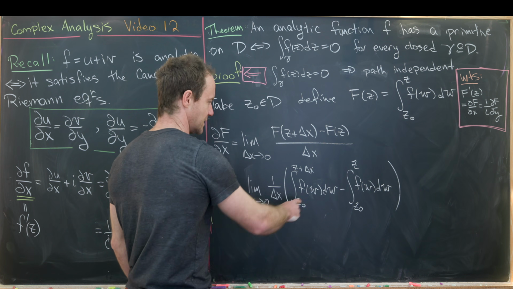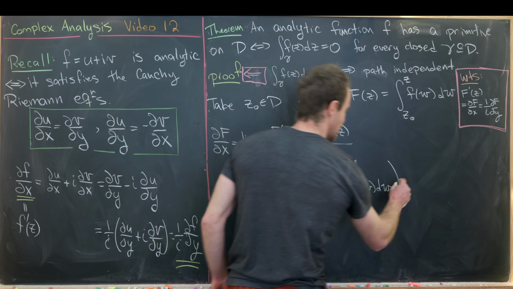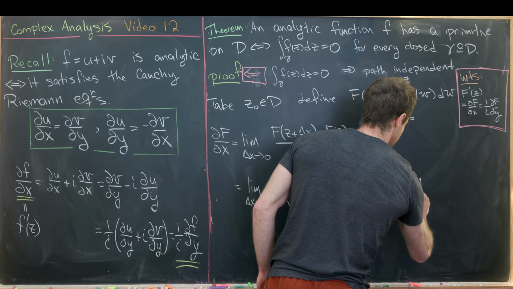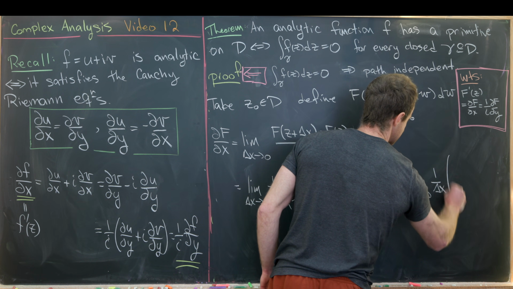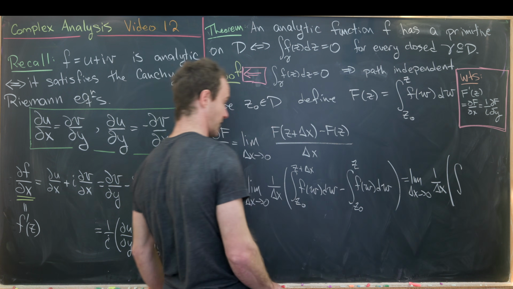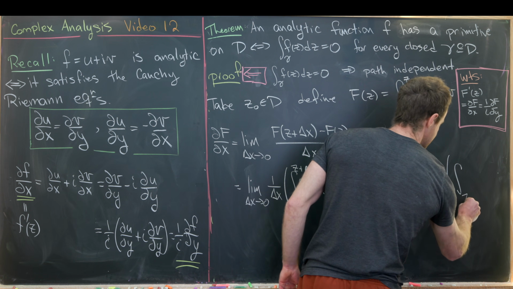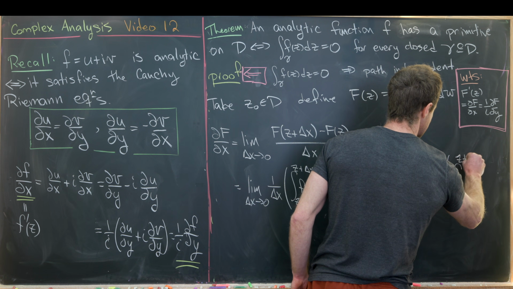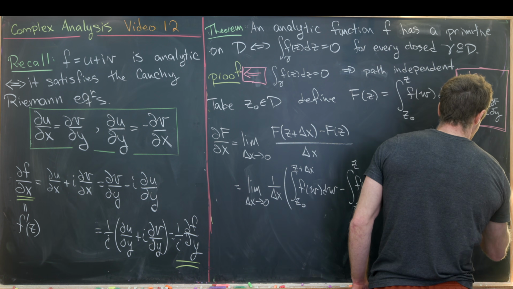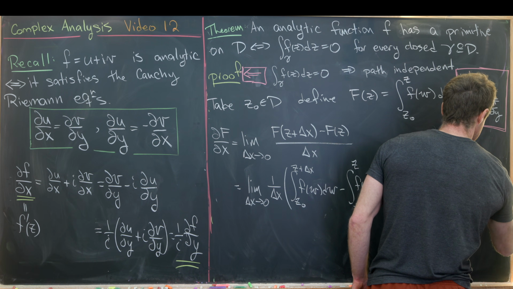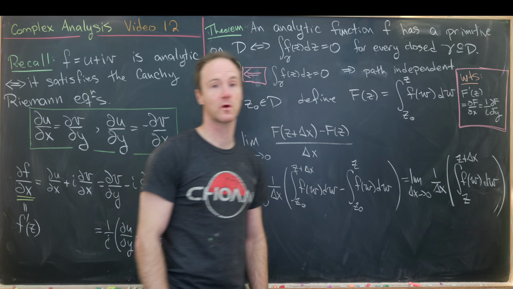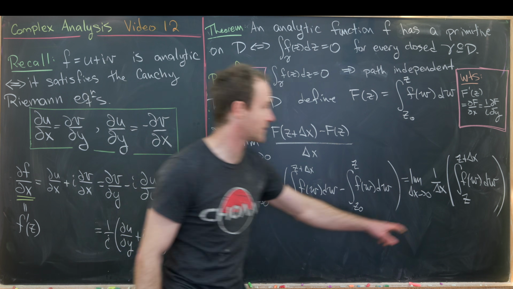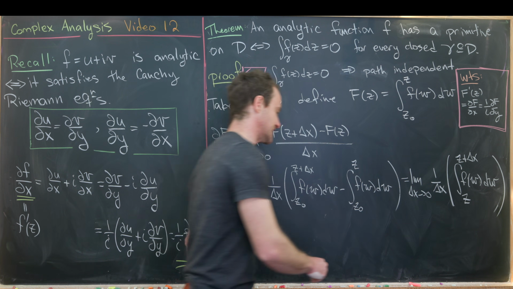But now let's notice that we can smash these together, and that leaves us with the limit as delta x goes to 0 of 1 over delta x, and then we'll have the integral from z up to z plus delta x of f of w dw. But now notice that's just parametrizing a horizontal line segment from z to z plus delta x.